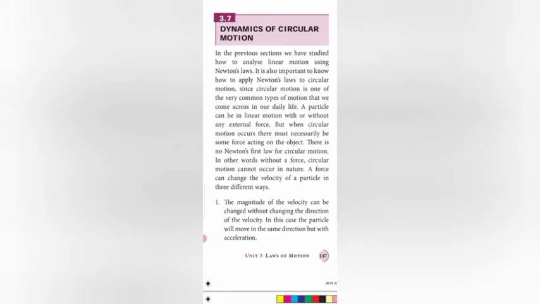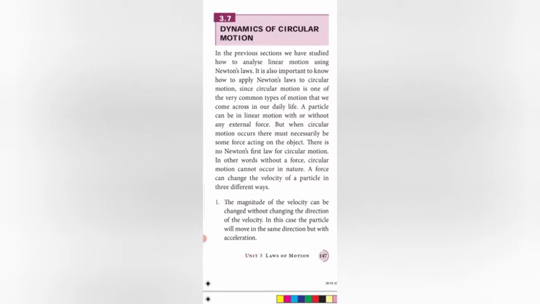If it is linear motion, with or without force is possible. But in circular motion, the force has to be there. If there is no force, no circular motion. In simple words, Newton's first law is not for circular motion. That means if there is no force, circular motion does not occur in nature.